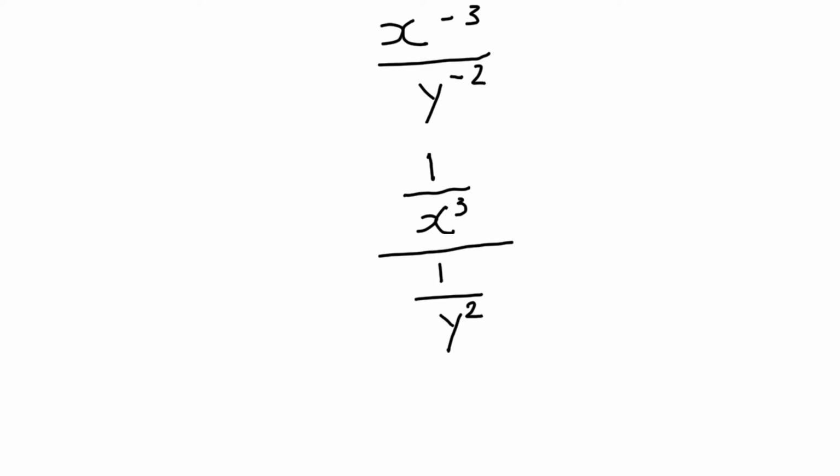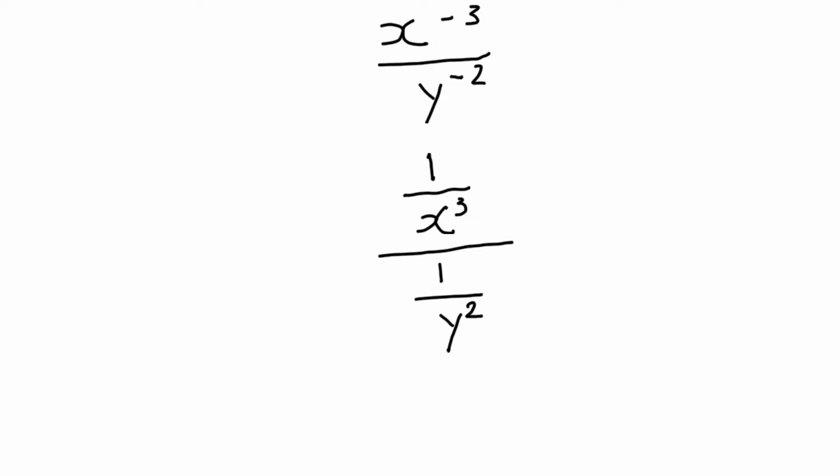This looks terrible, but we can actually simplify this. What we have here is a fraction divided by another fraction. Now, you've probably seen this before in a different way, and I'll write it off to the side.